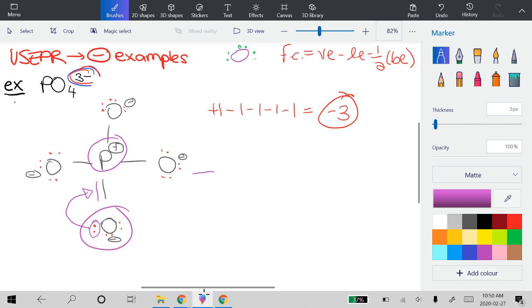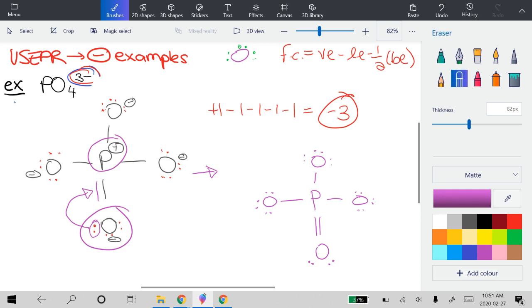Hopefully that would even things out. So let's try it. Now that oxygen will only have 2 lone pairs, or 4 lone electrons.